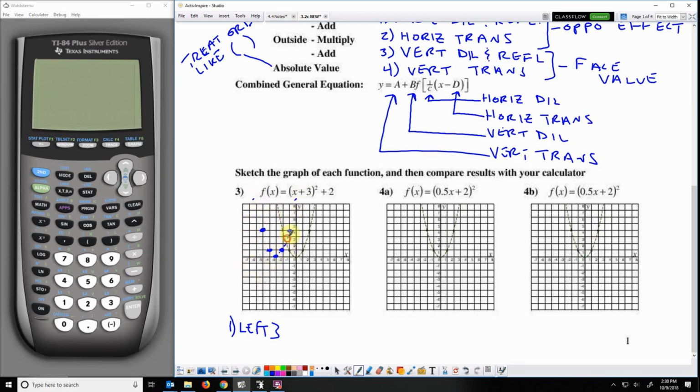Okay, so that's where it would be shifted 3 to the left. Okay, the next thing is to shift everything up 2. So all of these points that have been shifted already to the left are now being shifted up 2.